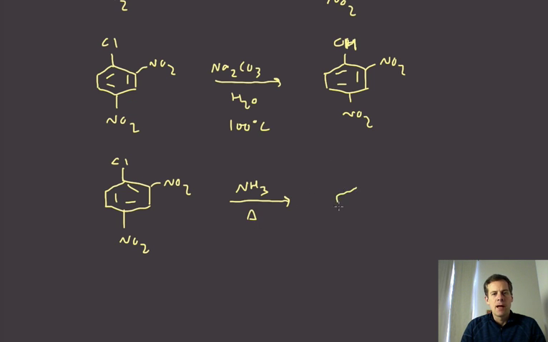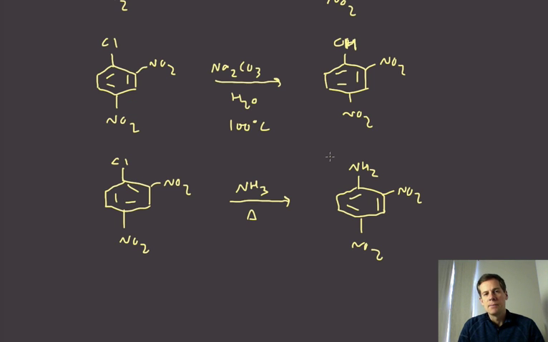Okay, and if we do that, we could substitute that chloro for an amino group. Okay, so we'll get ourselves to an aniline product. Okay, and there are a variety of other things that can serve as the nucleophile for these processes, but they all have to have some pretty strong electron withdrawing group that can stabilize those anionic intermediates. So that's the SNAr reaction.